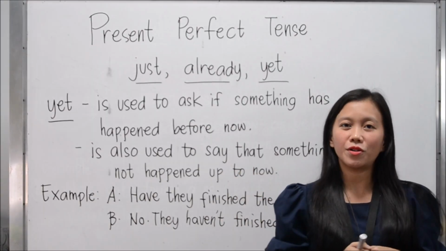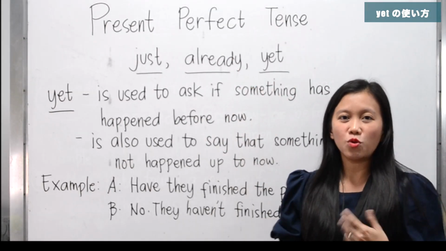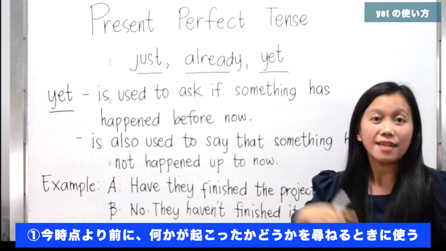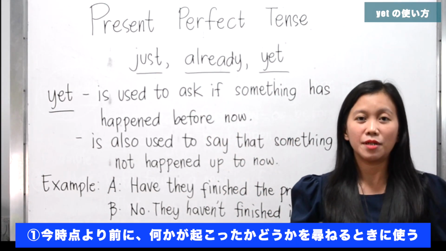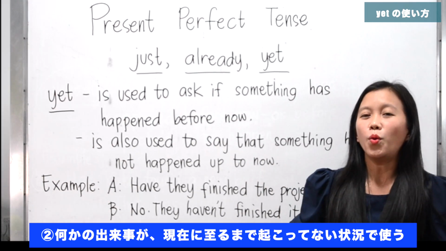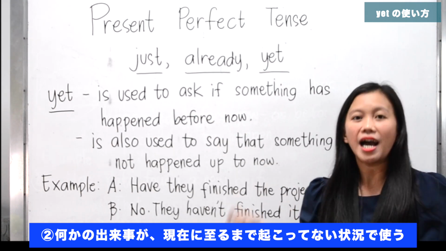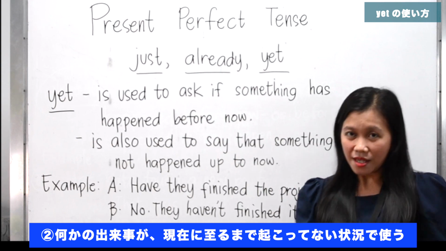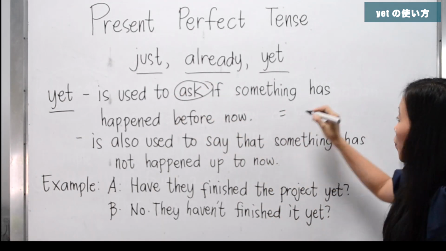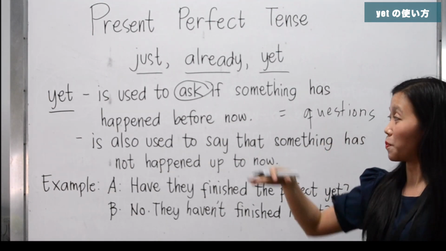The last thing we are going to talk about is the word yet. We use the word yet for the present perfect when we ask if something has happened before now. The second usage is when we want to say that something has not happened up to now. To make it easier, guys, we use yet when we want to ask questions for the present perfect.